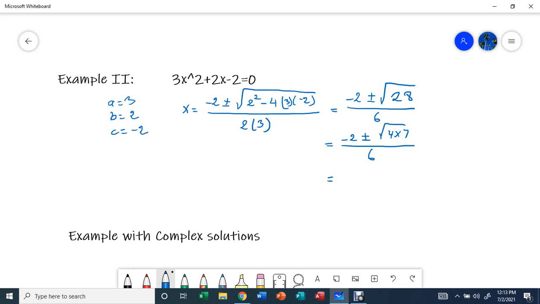So the square root of 4 is 2, so we get negative 2 plus or minus 2 square root of 7, divided by 6. And now we can simplify more and divide denominator and numerator by 2. So we get negative 1 plus or minus square root of 7 over 3. And that's my solution to the given equation.